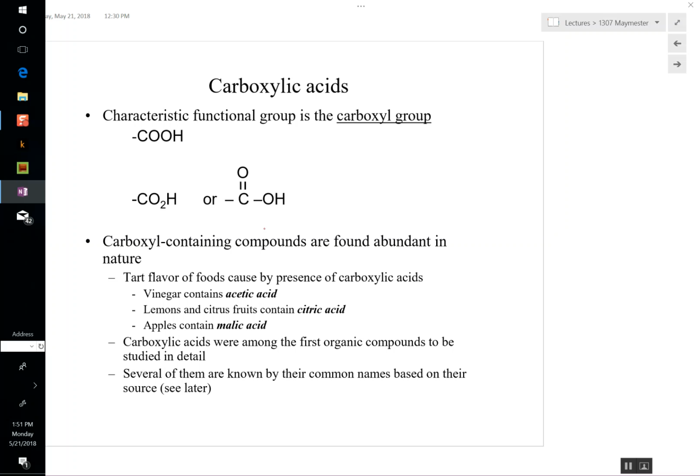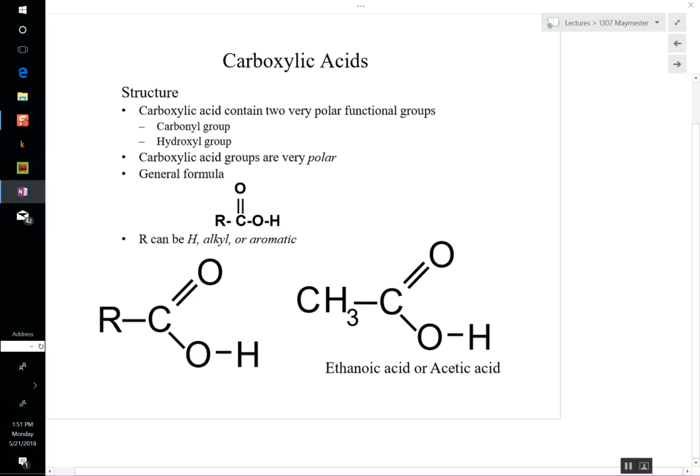Perhaps the most common one is acetic acid. Citric acid is in lemons and limes. Apples contain malic acid. These are all naturally occurring carboxylic acids, and they're all weak acids. All right, here's the general formula.